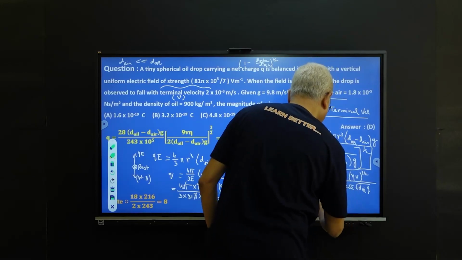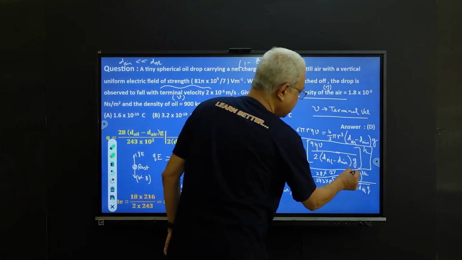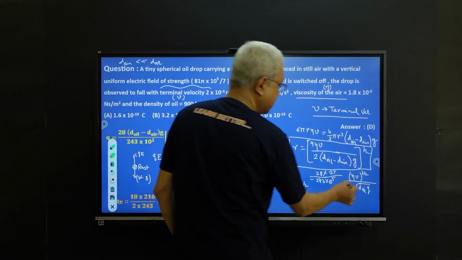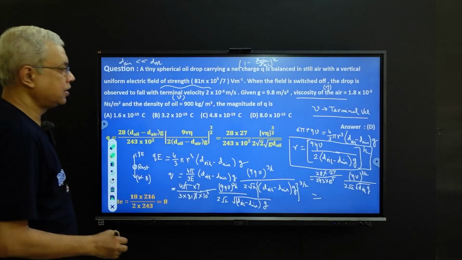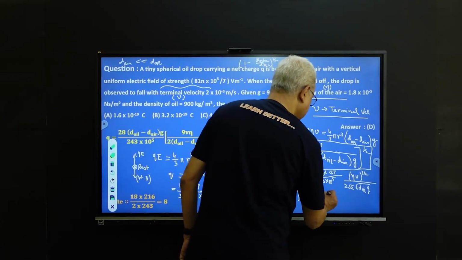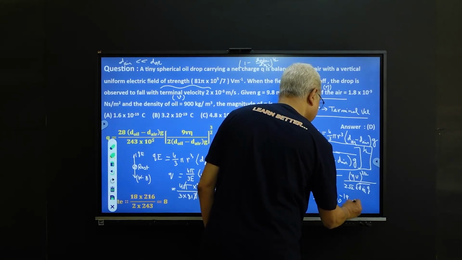And if you find out this expression, because all data are given, eta is given, V is given, d oil is given, G is given. If you substitute all these values, you get 8 into 10 to the power minus 19 coulomb.